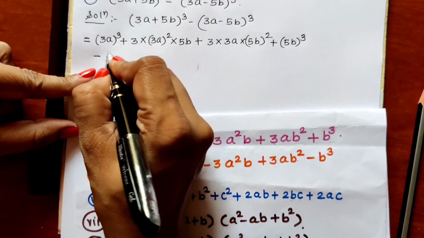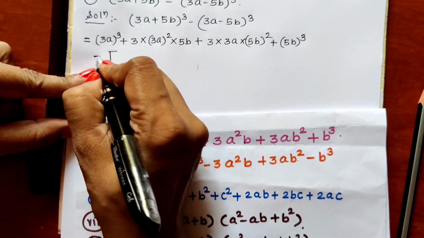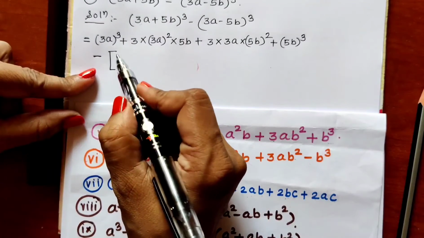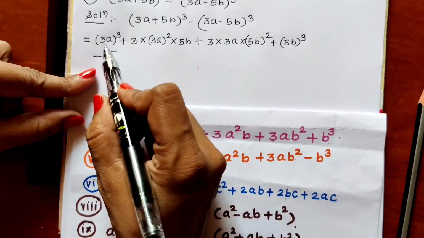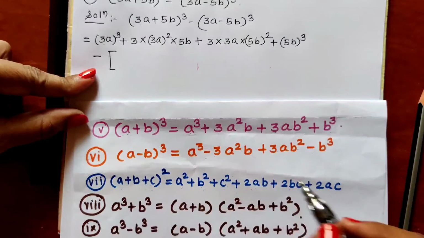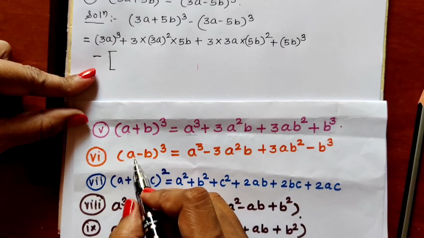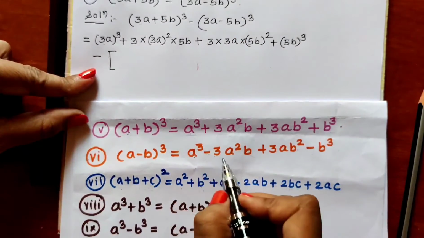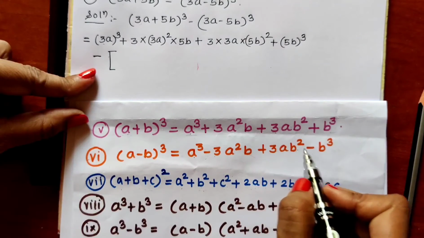Now expansion of second bracket I will write down. Minus sign is there. As minus sign is there, I will write the expansion inside the bracket. I have done this square bracket because inside this square bracket small round brackets will come. That's why I have to put square bracket now. Now we will be applying this formula a minus b whole cube, that is a cube minus 3a square b plus 3ab square minus b cube.